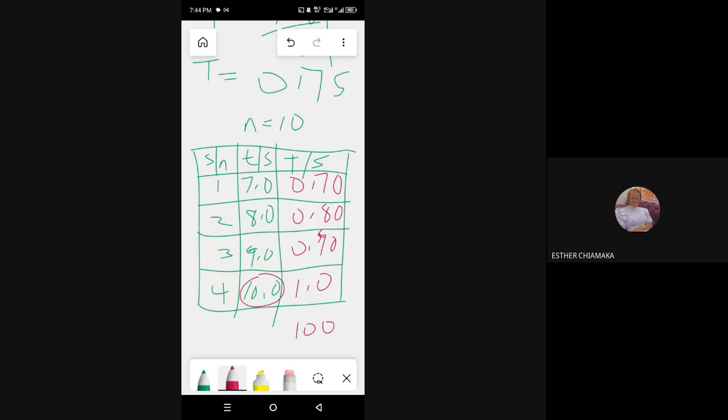So our answer here can take 2 SF, it can take 3 SF, so you will not be penalized. Is that taken? Yes, sir.